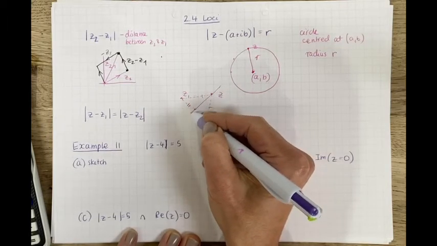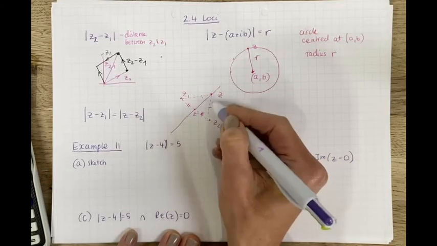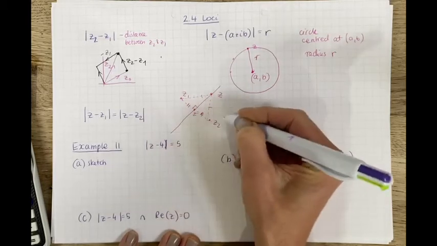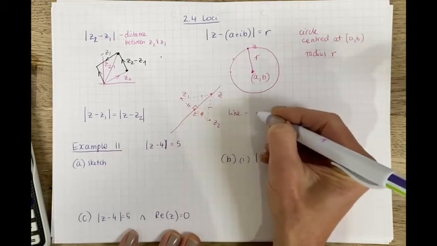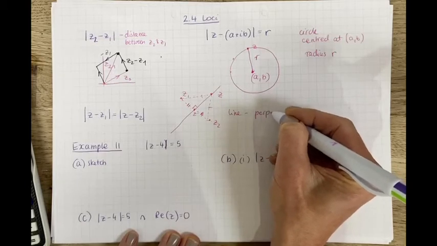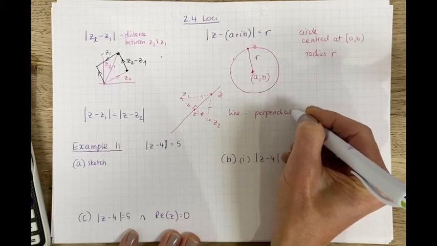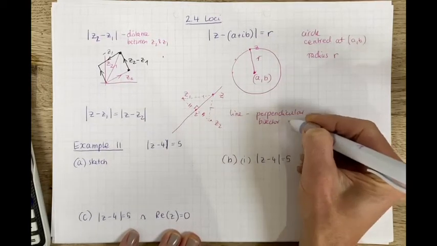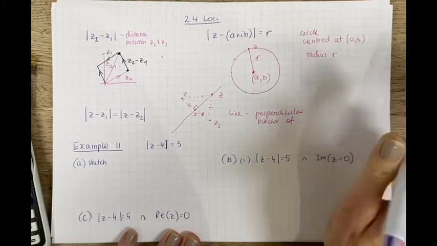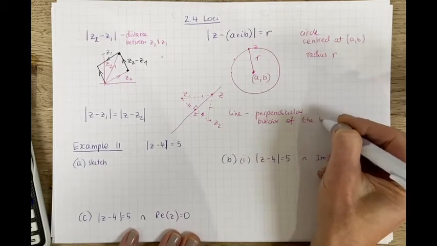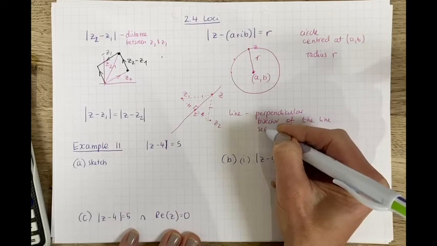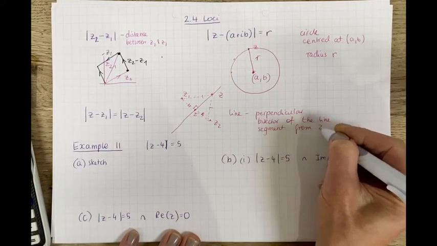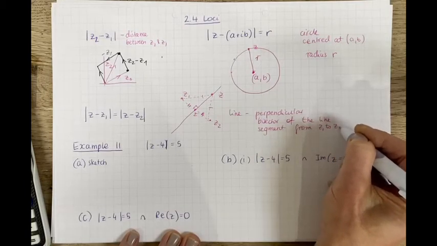So eventually, if you were to map loads of those points, you would see that this is going to be a perpendicular bisector. So this is a line which is a perpendicular bisector of the line segment from z1 to z2.